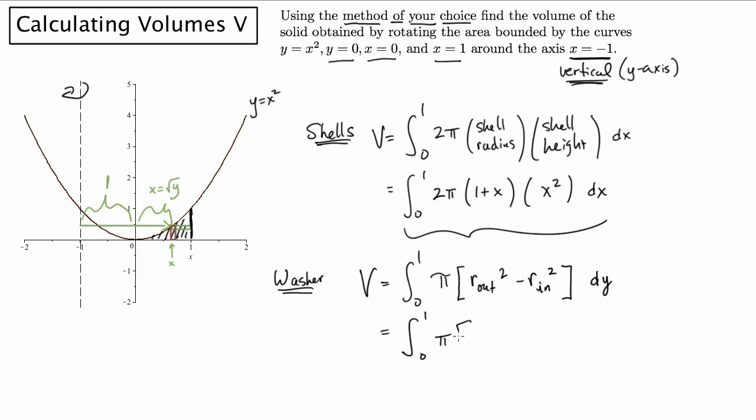Well, what is the radius of the outside? The radius of the outside is 1 plus another 1. If you look, the outer radius is always a distance of 2 away from the axis. So the outer radius is 2, and the inner radius is always a distance of 1 plus some x.